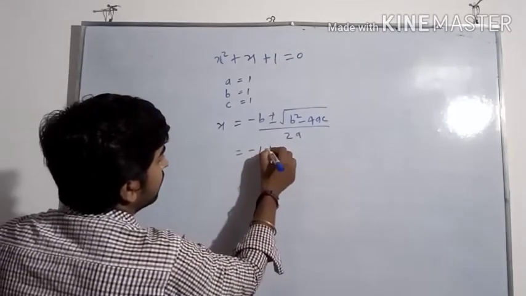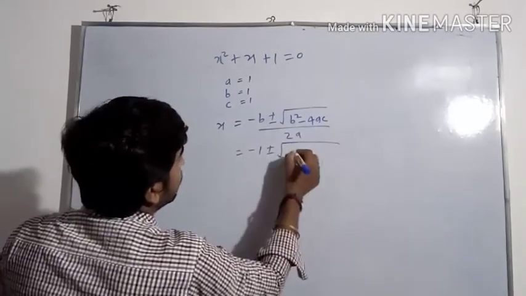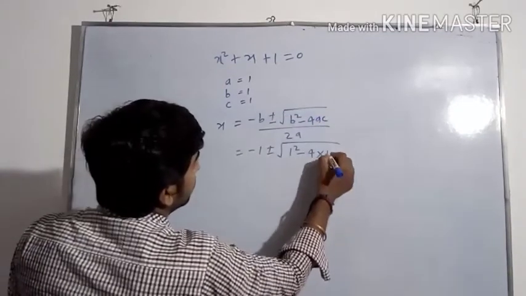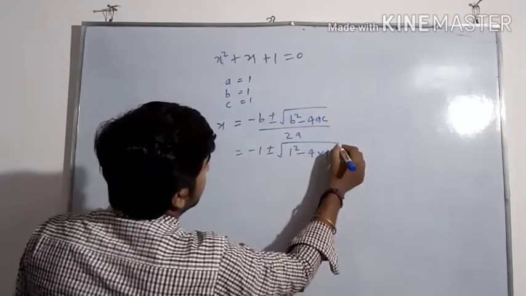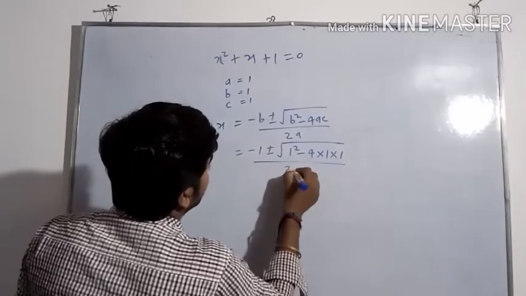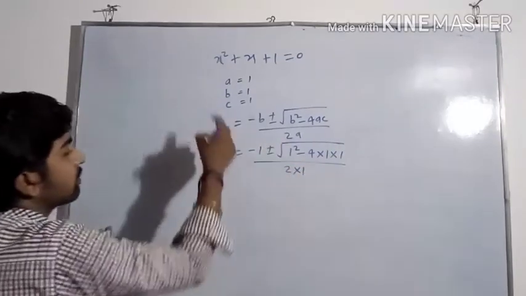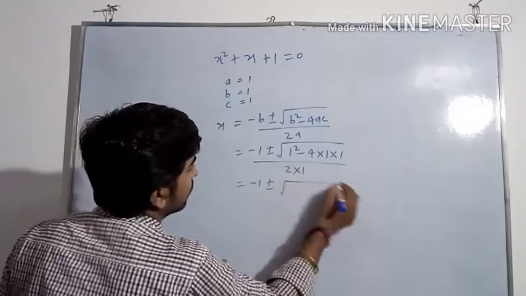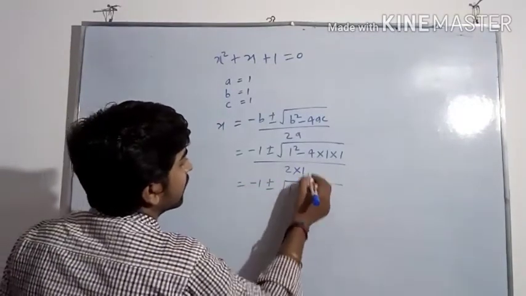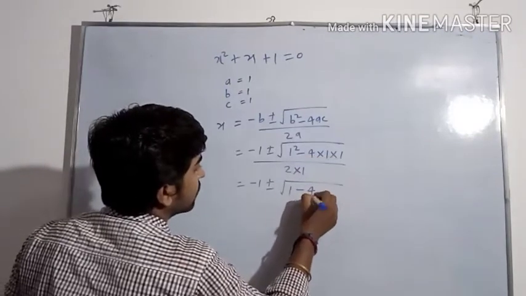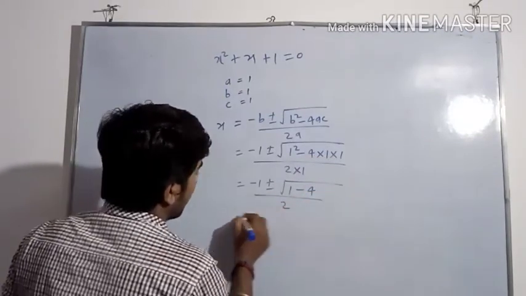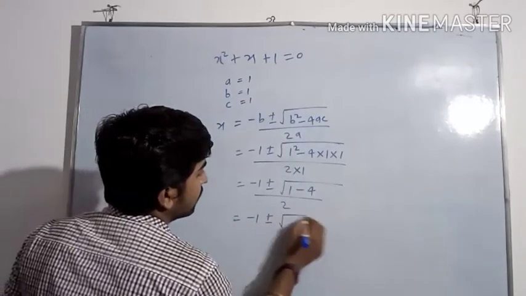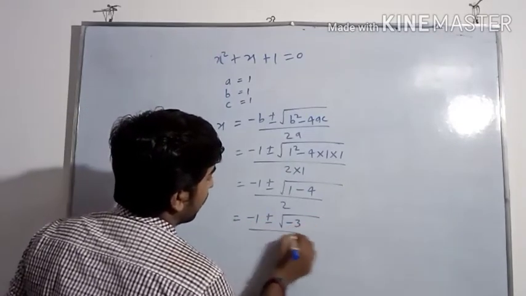So minus 1 plus minus under root of 1 square minus 4 into a, which is 1, into c, which is 1, upon 2 into 1 because a is 1. Now minus 1 plus minus under root of 1 minus 4 upon 2. And this is equal to minus 1 plus minus under root minus 3 upon 2.